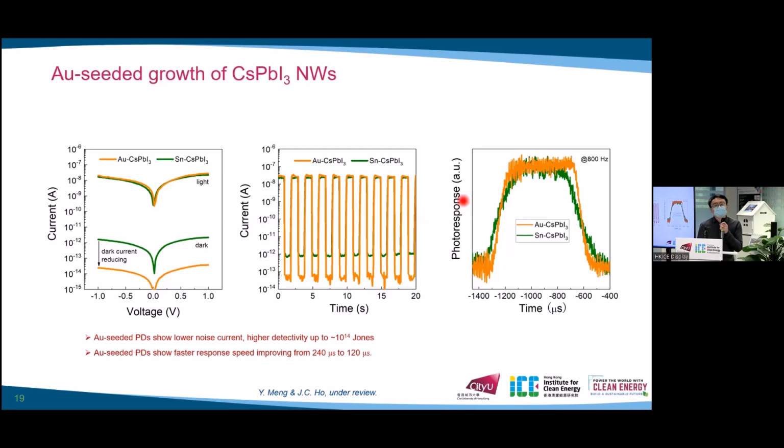In the response curve, we can see the gold-seeded device has a fast response speed of about 120 microseconds. This is faster than the tin-seeded nanowire, which has a response time of about 240 microseconds.